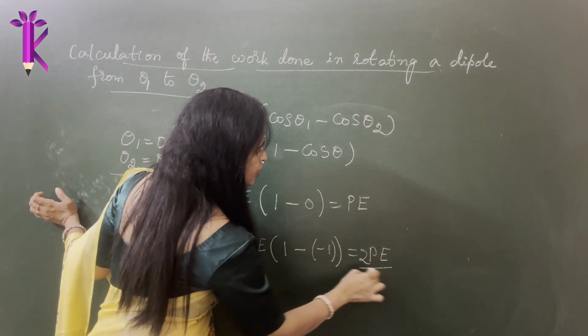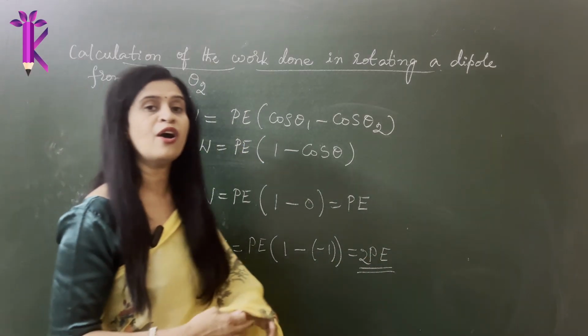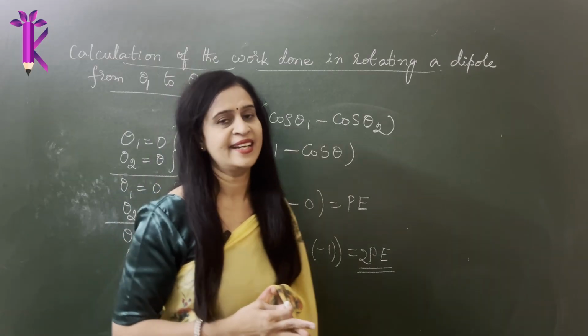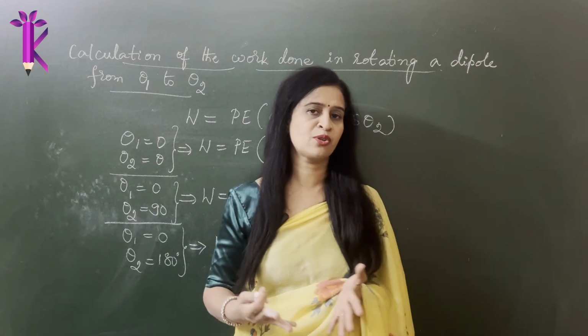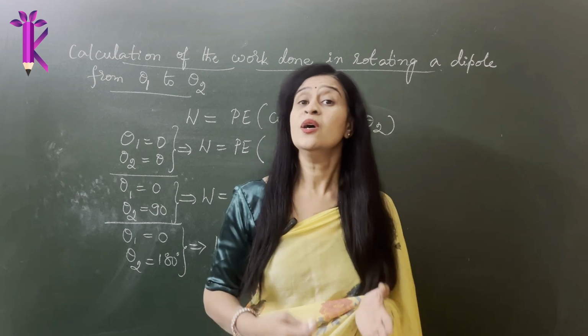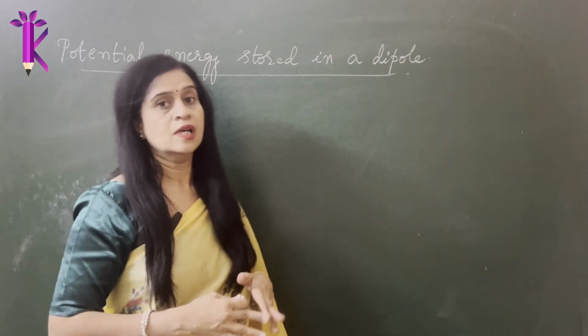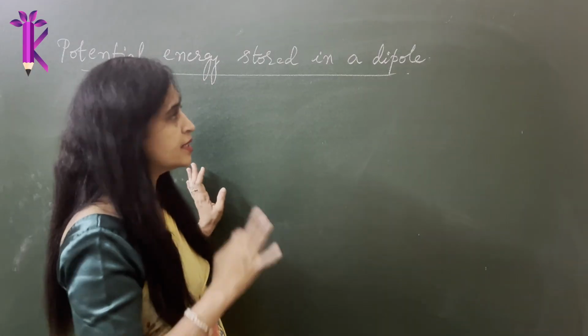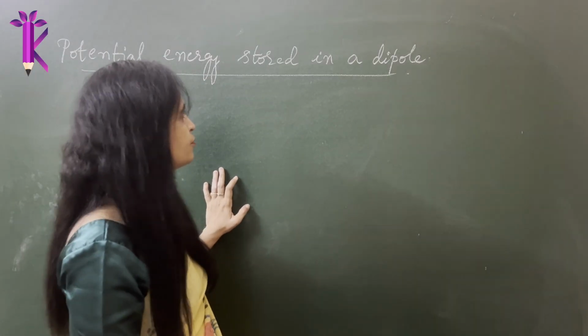So this will be 2 times PE. It is double when you rotate it through 180 degrees. I hope you understood this. Why am I doing it? It is not there in NCERT, but it will be very helpful in your MCQs and entrance exams.